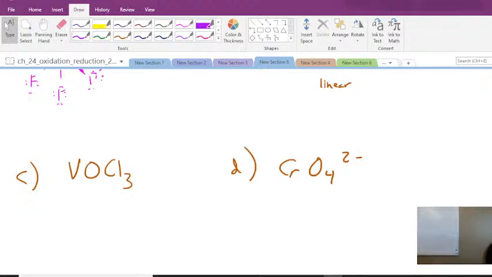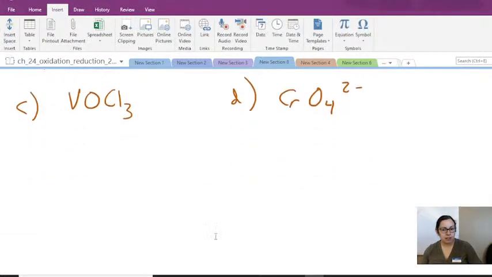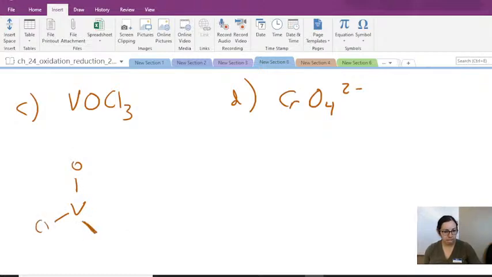All right, let's hear what you got for C. I saw some decent structures. So what should it look like? I heard tetrahedral. If we do that, I'll start with something that looks like this.